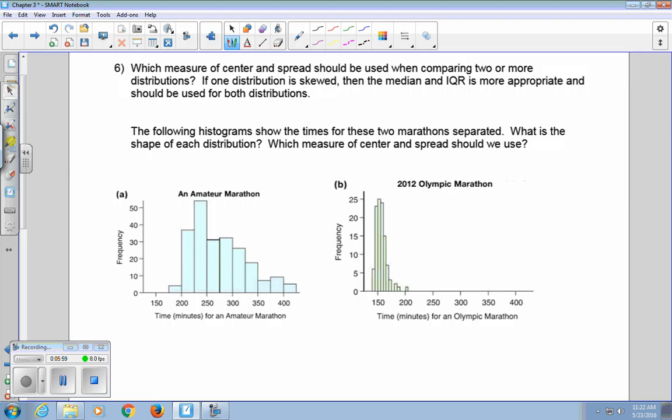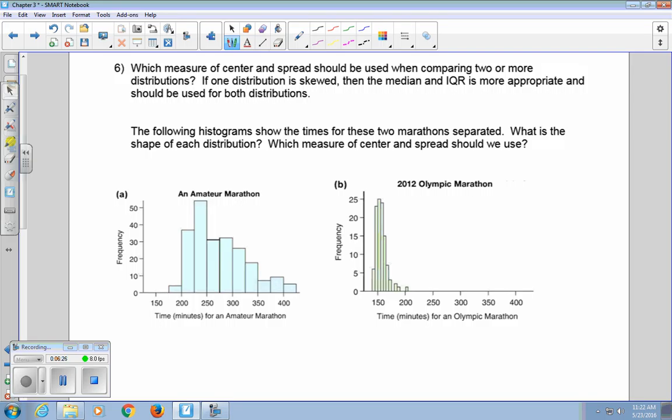Which measure of center and spread should be used when comparing two or more distributions? If one distribution is skewed, then the median and IQR are more appropriate and should be used for both distributions. Now we have the histogram separated. On the left, we have our amateur marathon, and on the right, we have the Olympic marathon runners.